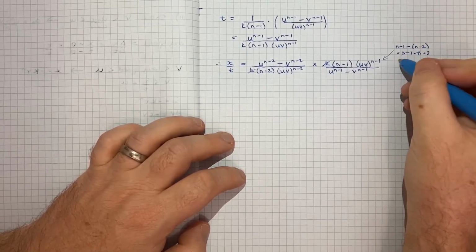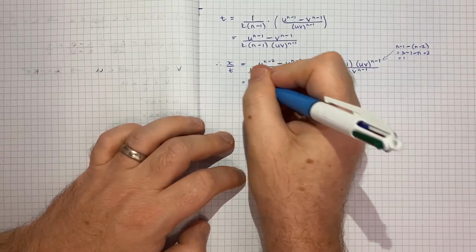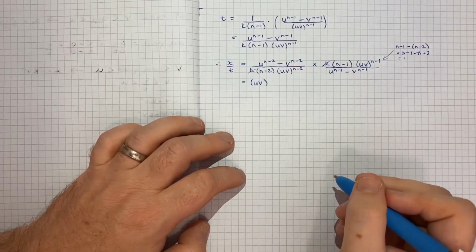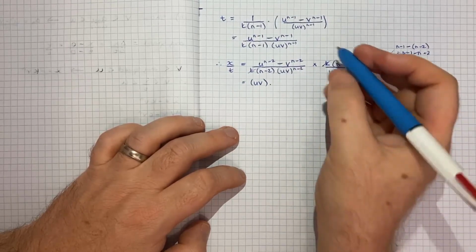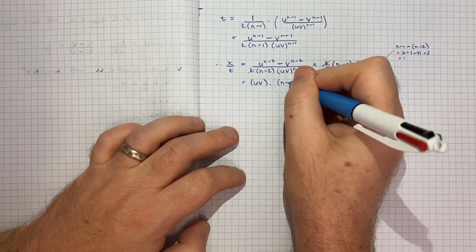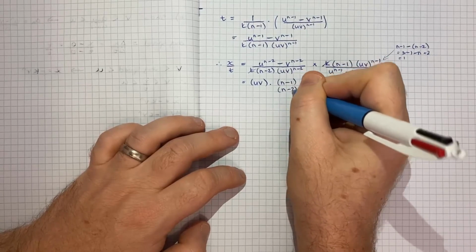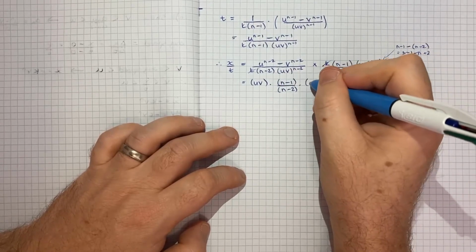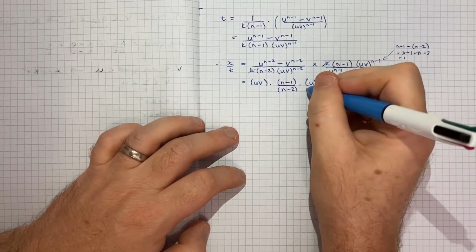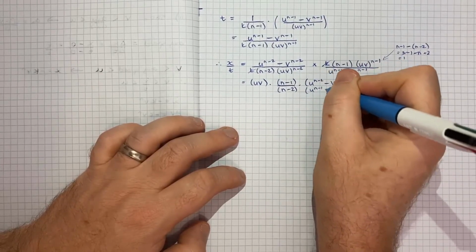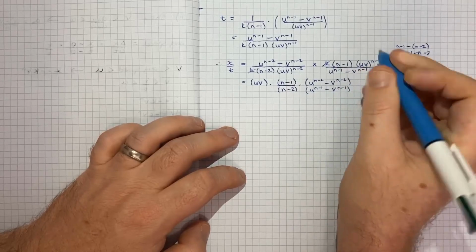Negative 1 plus 2 will just be 1. So we're just going to have a uv out the front here. And then that's going to be multiplied by n minus 1 on n minus 2 times u^{n-2} minus v^{n-2} over u^{n-1} minus v^{n-1}.